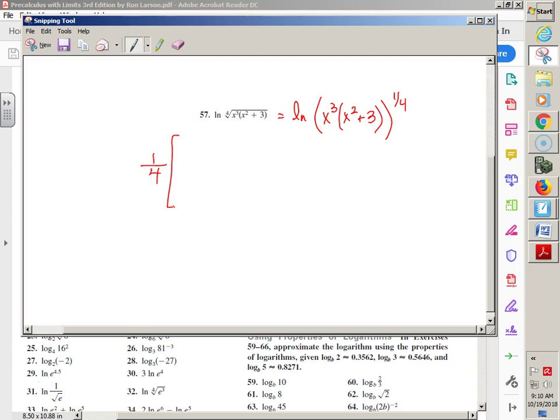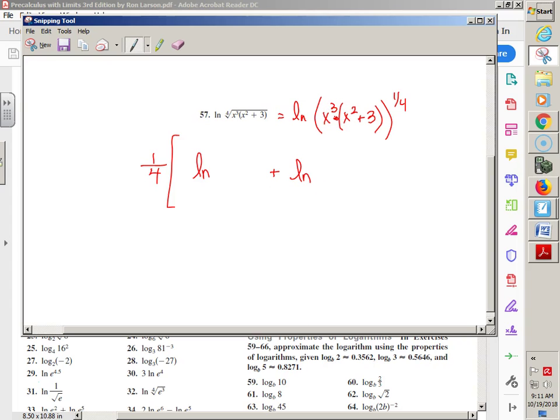Question. Well, because I'm about to go ham. I'm about to go crazy on this stuff. But I need to make sure the 1/4, because it was over everybody, stays out in front of everybody. So check it. I'm about to go addition. Why am I going to go to addition? Because I have a multiplication in here.